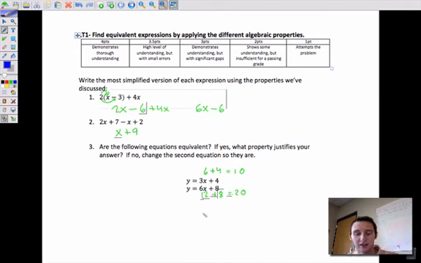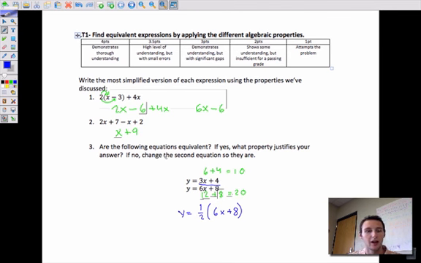Probably the easiest way to do this would be to just put a 1/2 out in front of that whole expression, that's 6x plus 8. Because then what that'll do, if you distribute it, you're taking this 6x plus 8 in half, which will then give you 3x plus 4. And that is what we are trying to make it equal to.